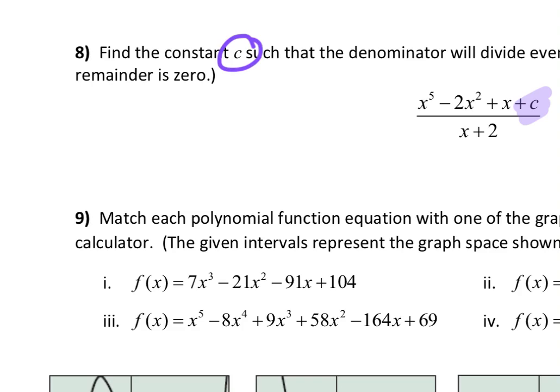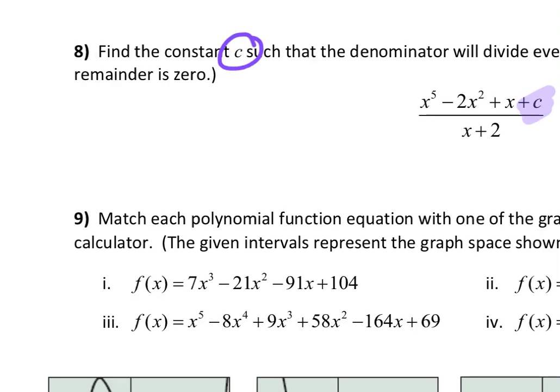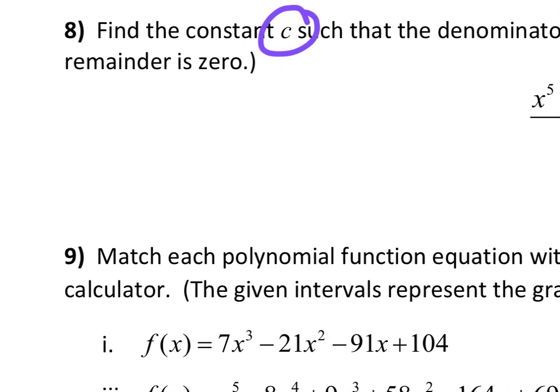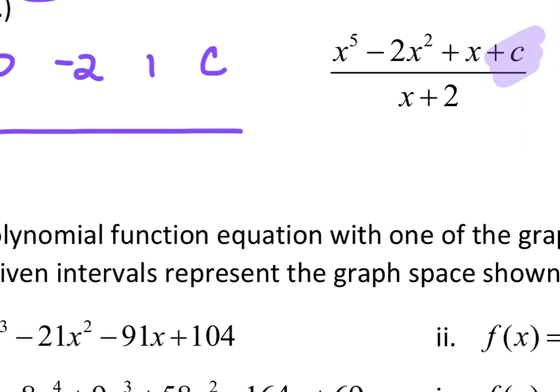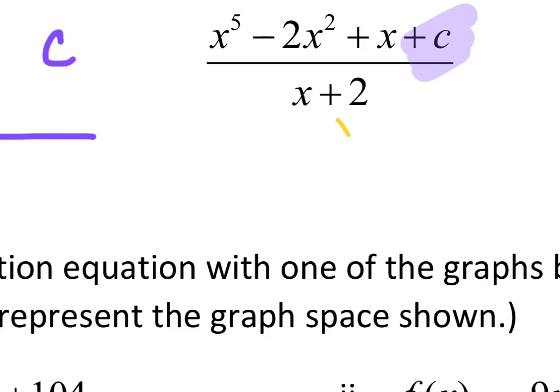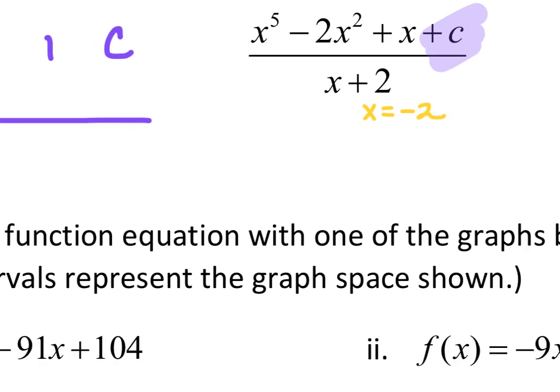So just start your synthetic division by writing C in the quotient row so that you don't have to worry about what the number is yet. Notice that you need to have a couple of zeros in there. So 1x to the 5th, 0x to the 4th, 0x to the 3rd, and then minus 2x to the 2nd, plus 1x. And then I'm going to use C as the constant term, and I'm dividing by -2. Remember that it's -2 because you want to think of what that would be as a solution.